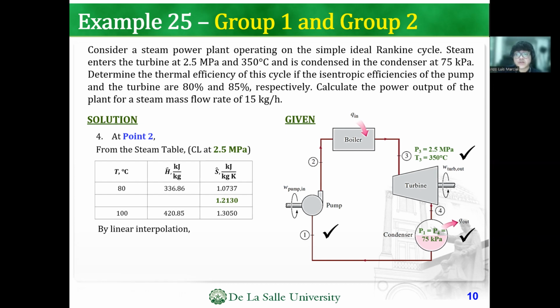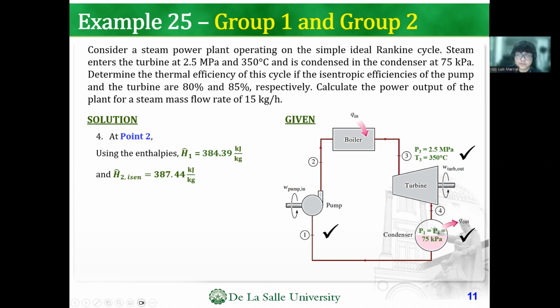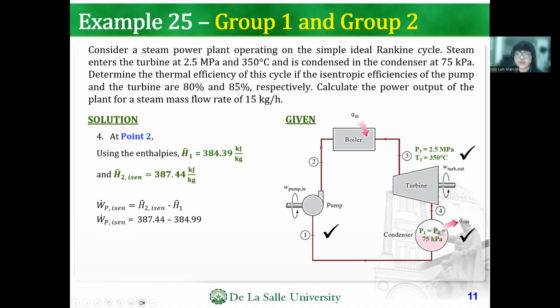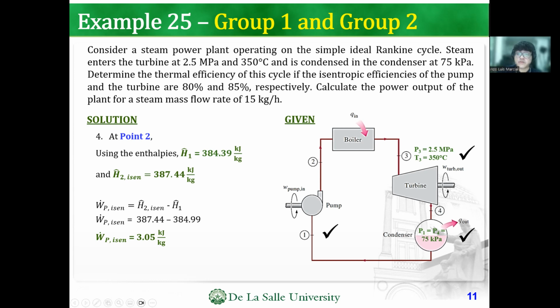Based on the calculations, we find the isentropic temperature to be 92.04 degrees Celsius and the isentropic enthalpy to be 387.44 kilojoules per kilogram. Now, with our newfound values, we're able to calculate the isentropic work by subtracting H1 from H2 isentropic to get a value of 3.05 kilojoules per kilogram.